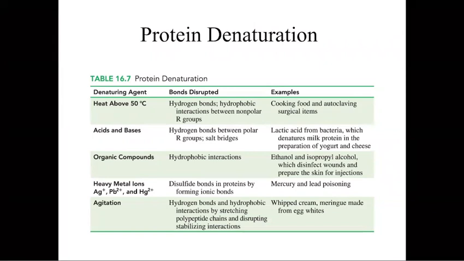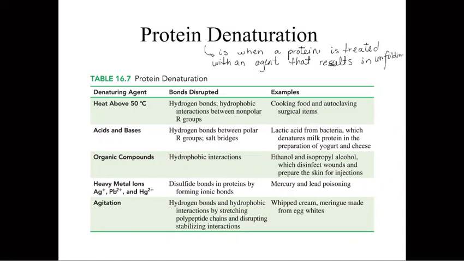So let me first write down the definition of denaturation. So that's what denaturation is.